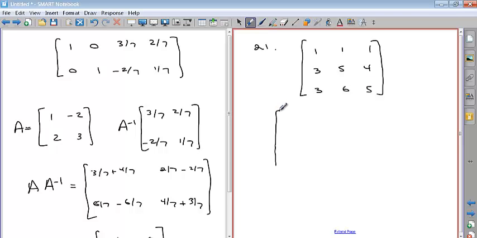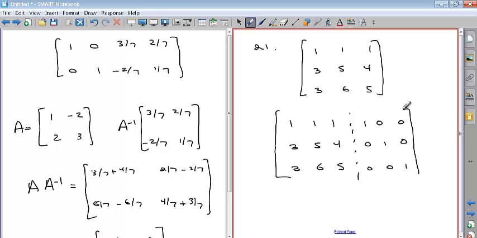To find the inverse, I create an augmented matrix, and I augment it with the corresponding identity matrix, where you have 1s on the diagonal and 0s everywhere else.